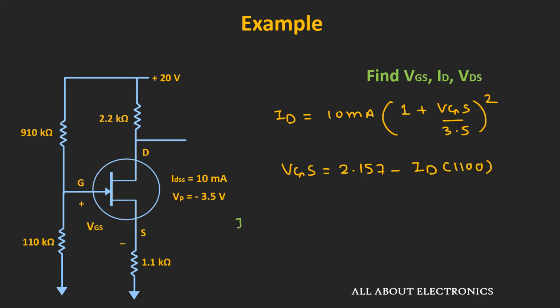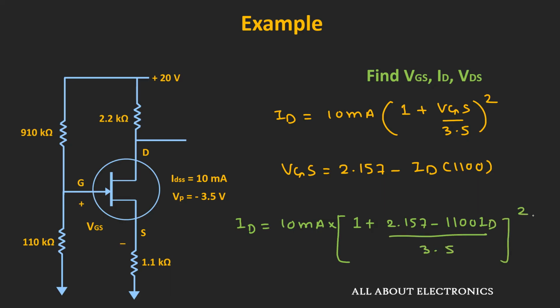That means drain current ID is equal to 10 milliampere times (1 plus (2.157 minus 1100 ID) divided by 3.5) whole square.